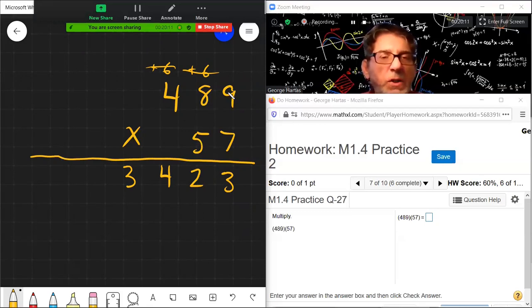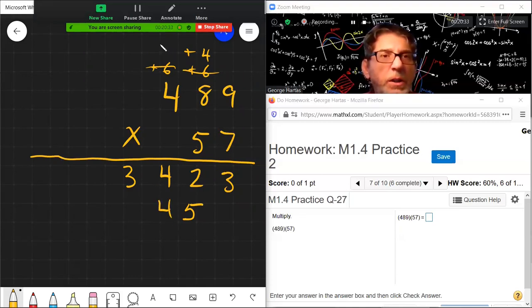5 times 9 is 45. We're going to put the 5, the right-hand digit, underneath here. All right, right-hand digit, left-hand digit. 5 times 8 is 40. 40 plus 4 is 44.